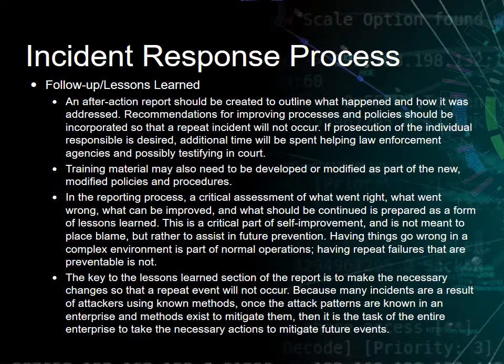The key to the lessons learned section of the report is to make the necessary changes so that the repeat event will not occur. Because many incidents are the result of attackers using known methods, once the attack patterns are known in an enterprise and methods exist to mitigate them, then it is the task of the entire enterprise to take the necessary actions to mitigate future events.